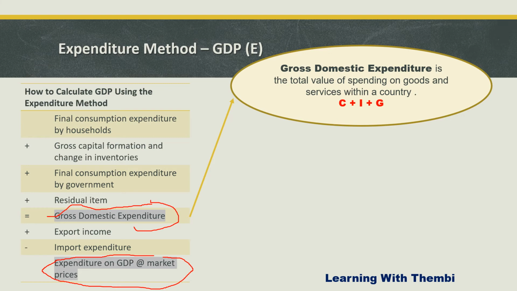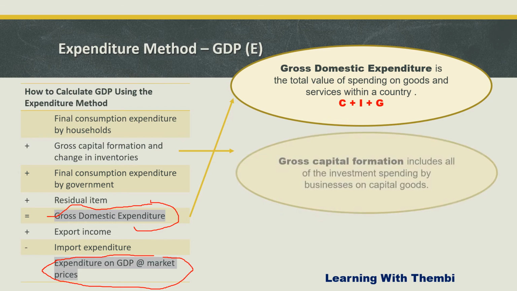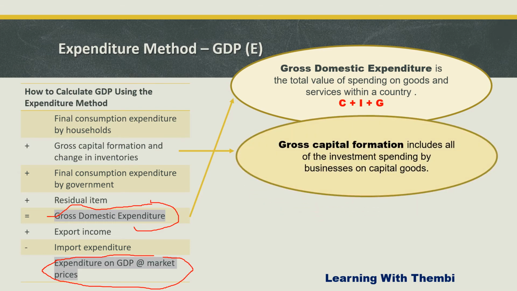So the first thing that we are going to calculate when calculating the GDP using the expenditure method is our gross domestic expenditure. And that includes consumption expenditure by households, which is represented by a capital letter C, and also the gross capital formation and change in inventories, which is represented by a capital letter I. By gross capital formation, we are referring to all the investment spending by businesses on capital goods. And then we've got a change in inventories.